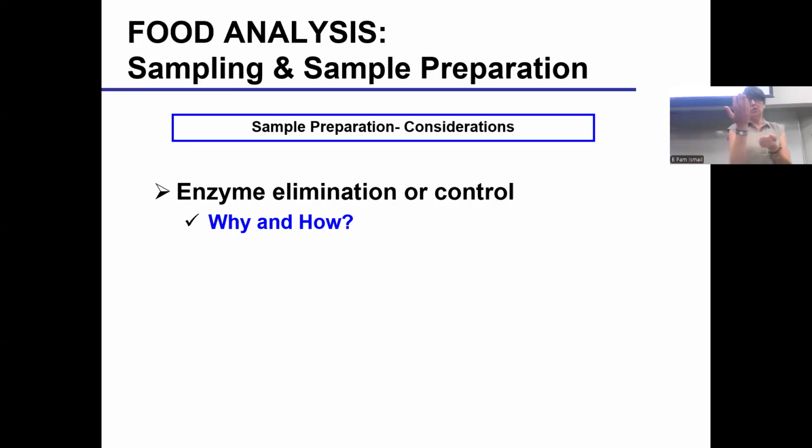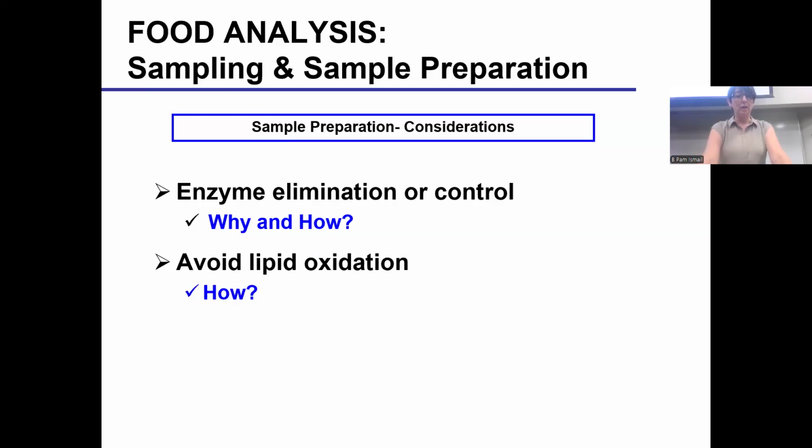You might change the pH to acidic. And then you can dry the sample if that is not going to impact the characteristics that you're measuring. You can also put enzyme inhibitors or chemicals like sodium azide that will prevent enzyme activity. Okay. So different ways, but they have to be eliminated.